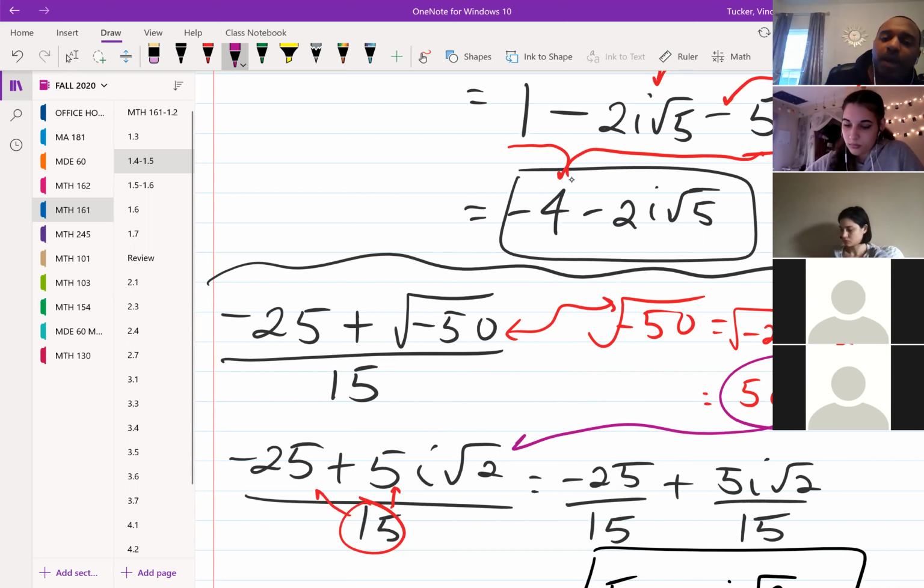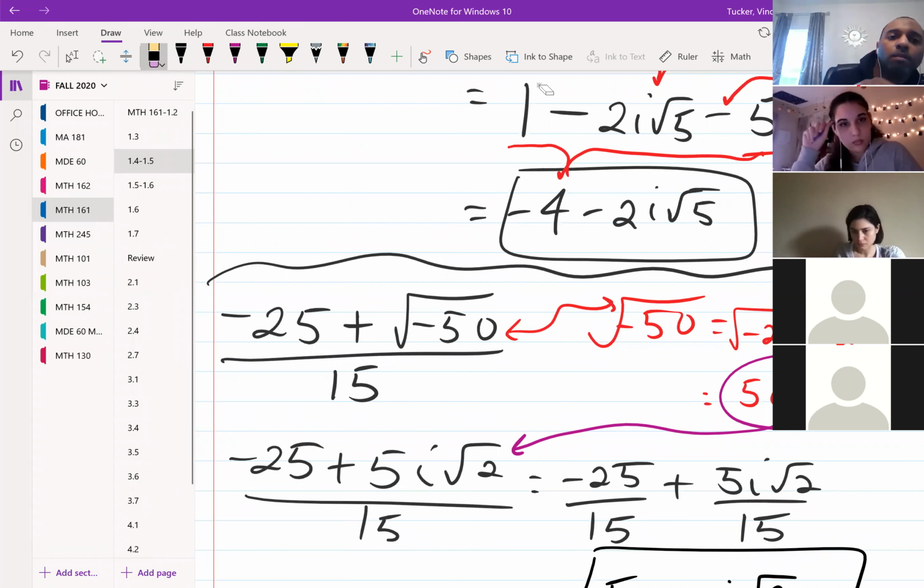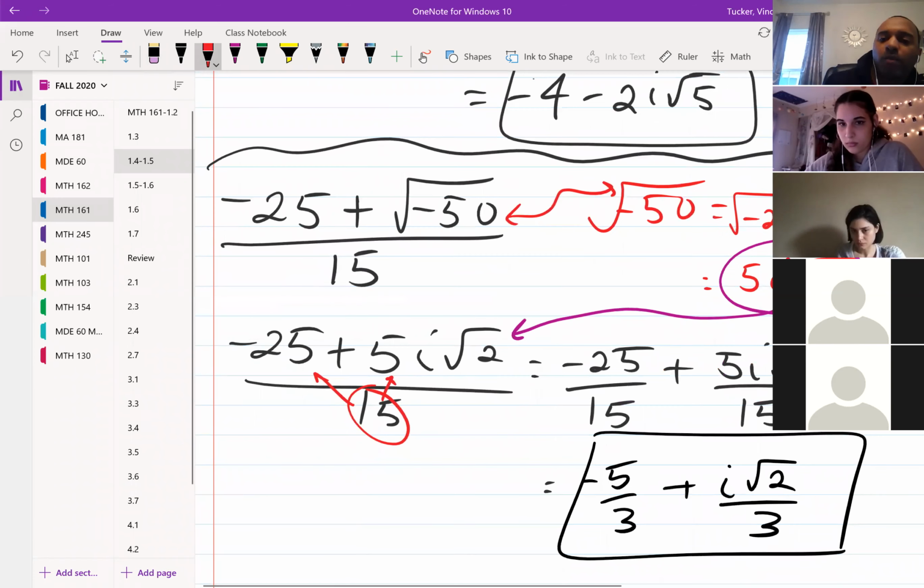That gives us negative 25 plus 5i square root of 2, over 15. Then take the 15 into each term: negative 25 over 15 plus 5i square root of 2 over 15. Then reduce by 5 in each case: negative 5 over 3 plus i square root of 2 over 3.